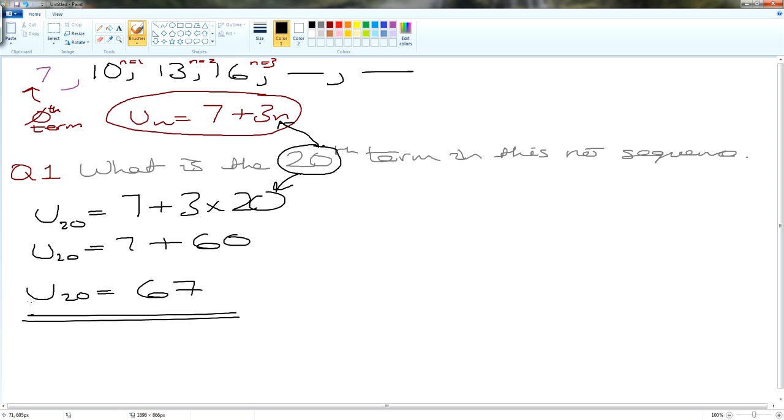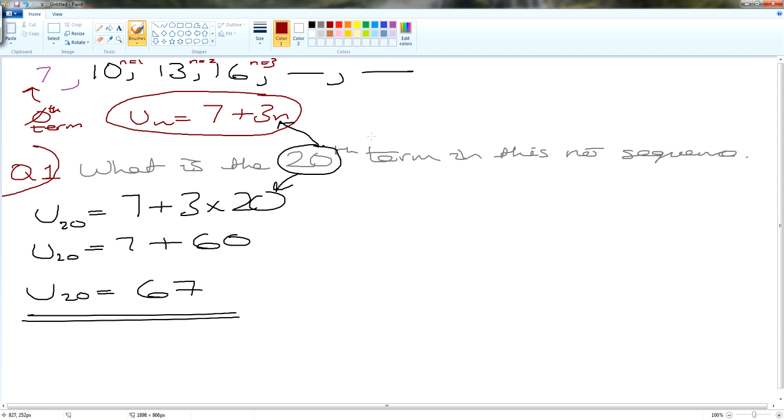And we can do that without having to write it out and manually add 3 twenty times. Okay, that's what the formula enables us to do. That's the first type of question you can have. Are we happy with that?